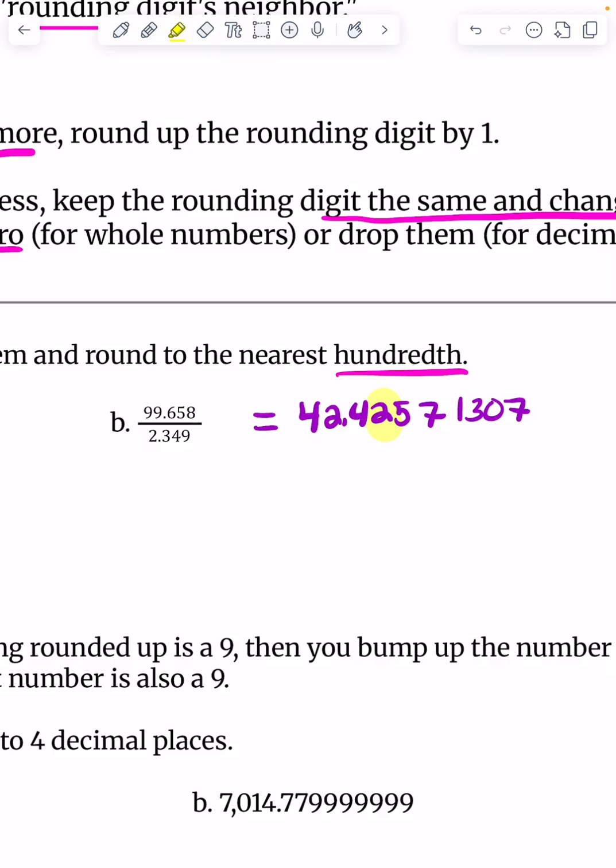Ooh, my highlighter's a little fat. Let's pare it down a little bit. There we go. And then the rounding neighbor would be the 5. Is it 5 or more? Yes. So I'm going to add 1, and I get 42.43. All the other digits get dropped. And that's the answer.